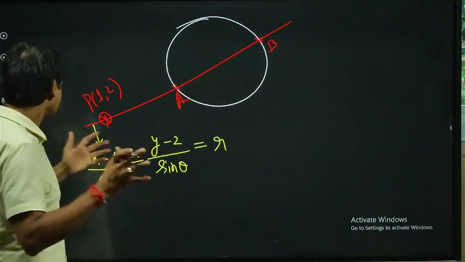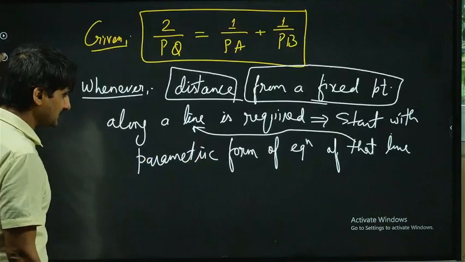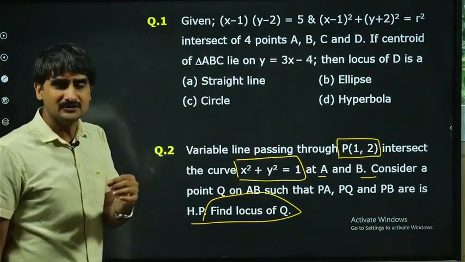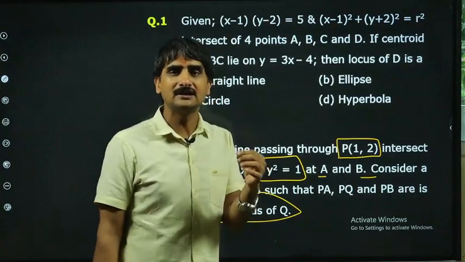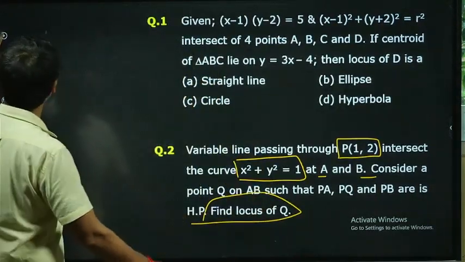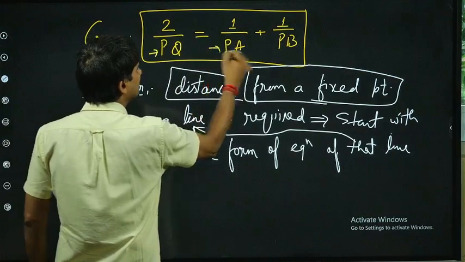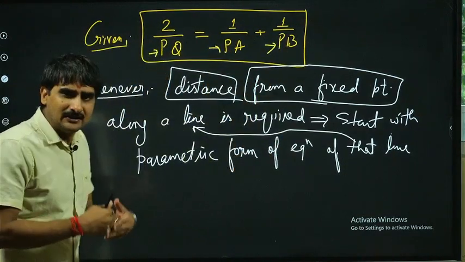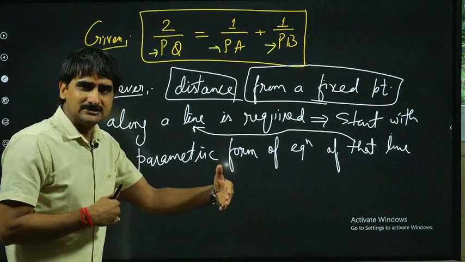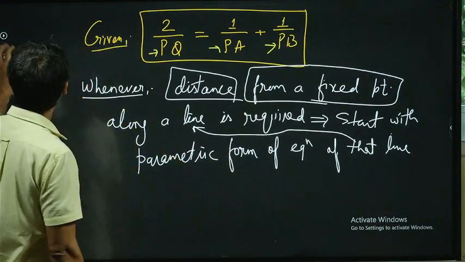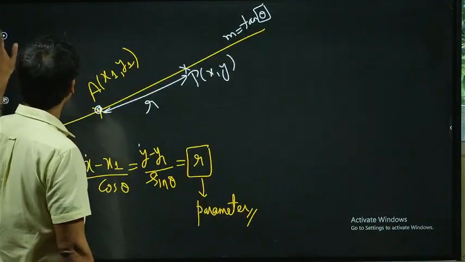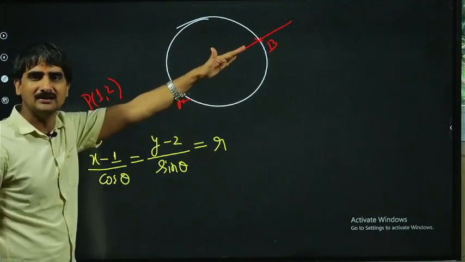Now one very important thing I think I missed to discuss: how did I get that hint of using the parametric form? Because of this PQ, PA and PB. Aren't all these three distances from the same point P along the same line?